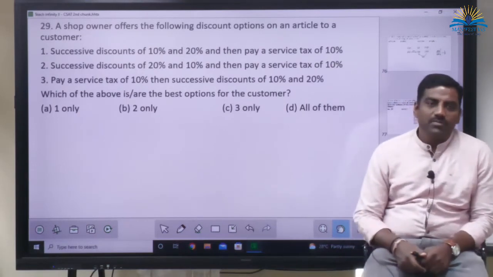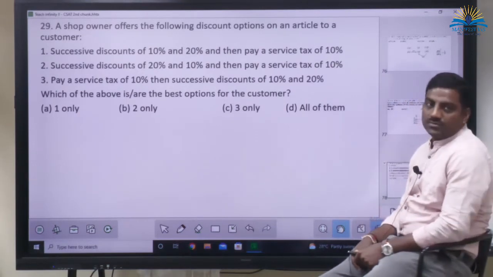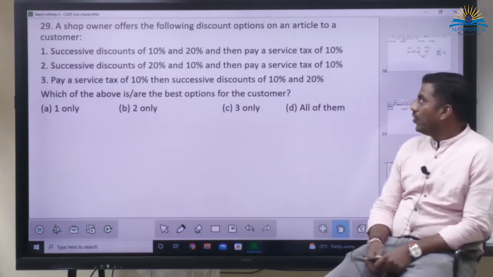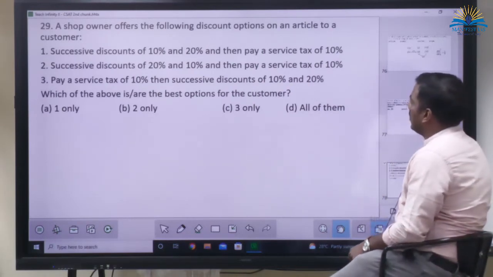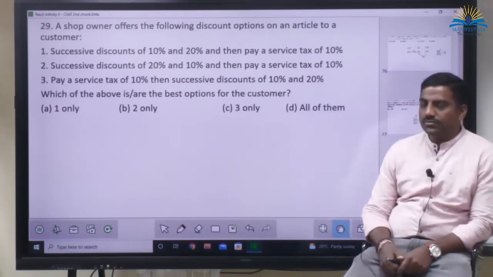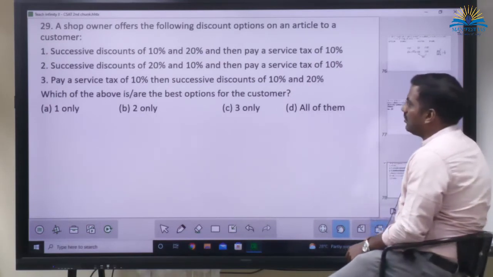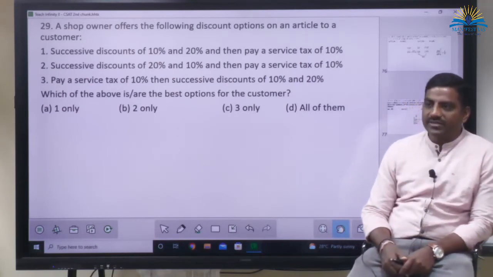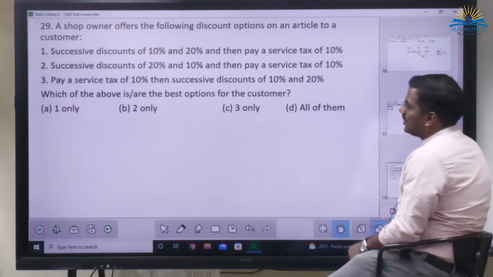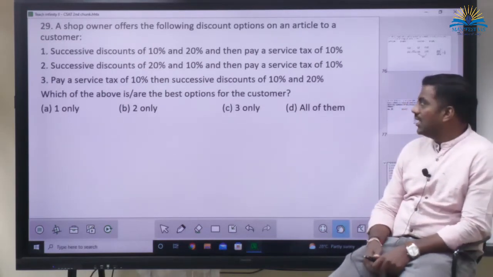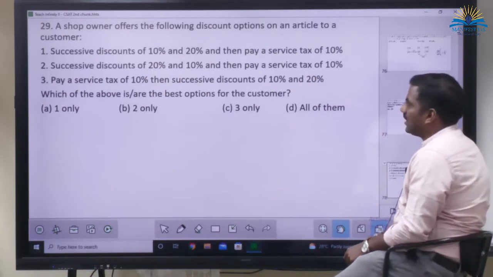Read the question carefully. The shop owner offers the following discount options on an article to a customer. First: successive discounts of 10% and 20%, and then pay service tax of 10%. Second: successive discounts of 20% and 10%, and then pay a service tax of 10%.